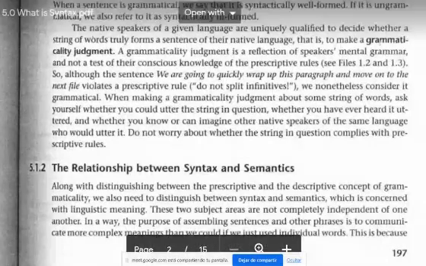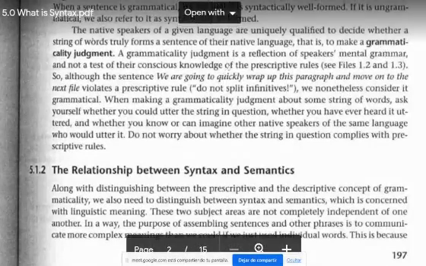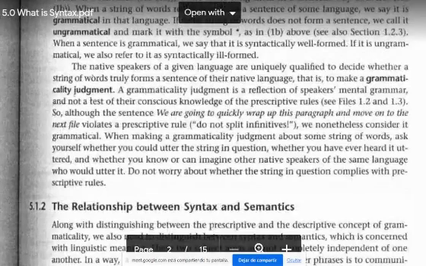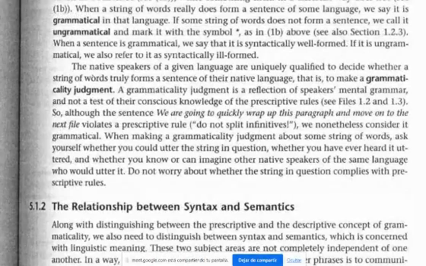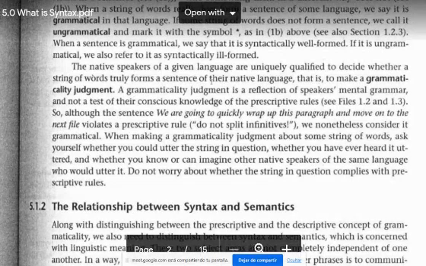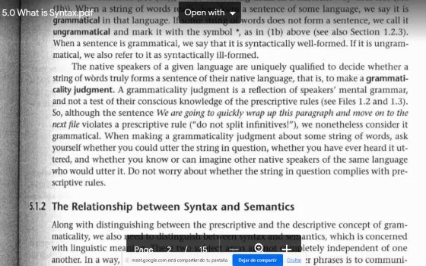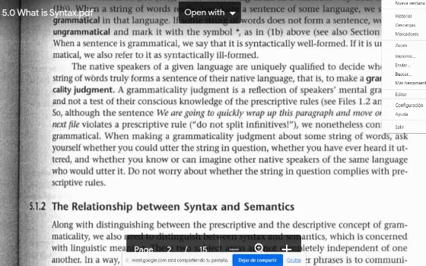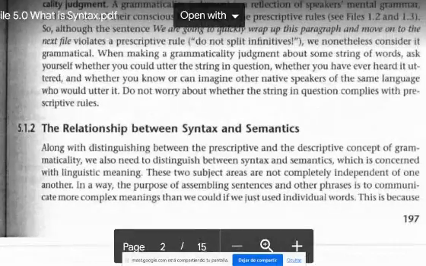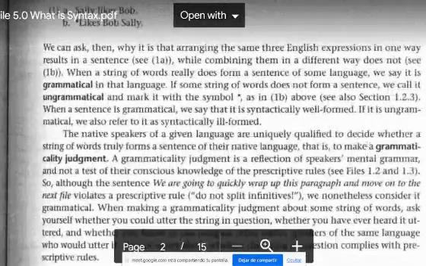It's like when you argue about something that you think is wrong or correct. Grammaticality judgment, that's another thing. Please underline those things. Grammaticality judgment is there. Do you see the word? Let me put it bigger.